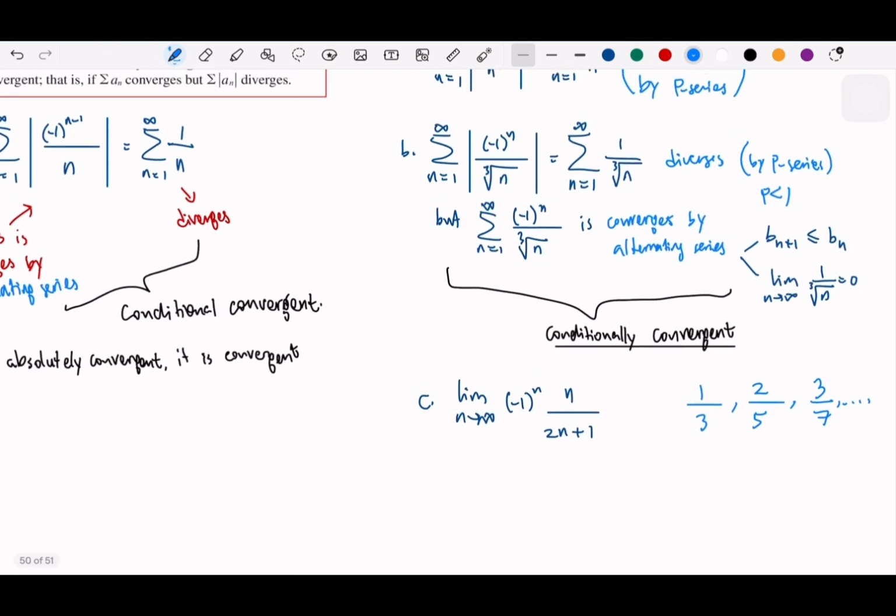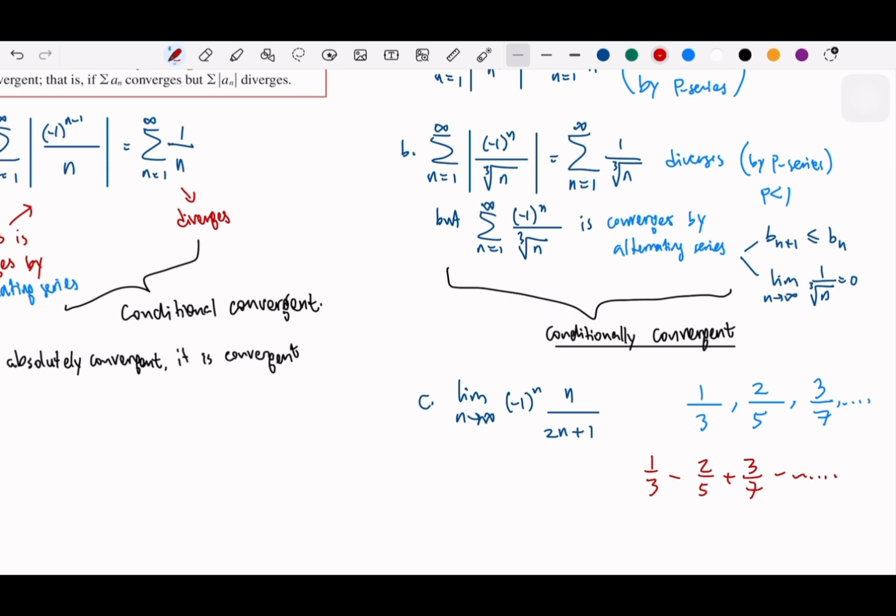And this starts from positive, negative, and then positive, and minus, dot dot dot.